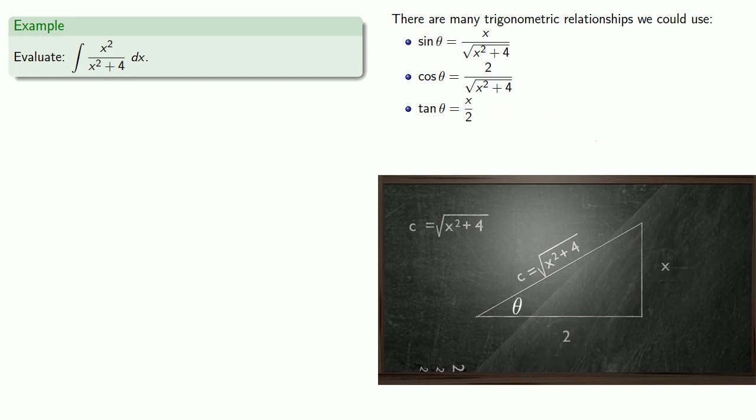All three of these relationships must hold between x and theta. So we could use any one of these in our next step. We'll start with the simplest one. We'll let tangent of theta equal x over 2.